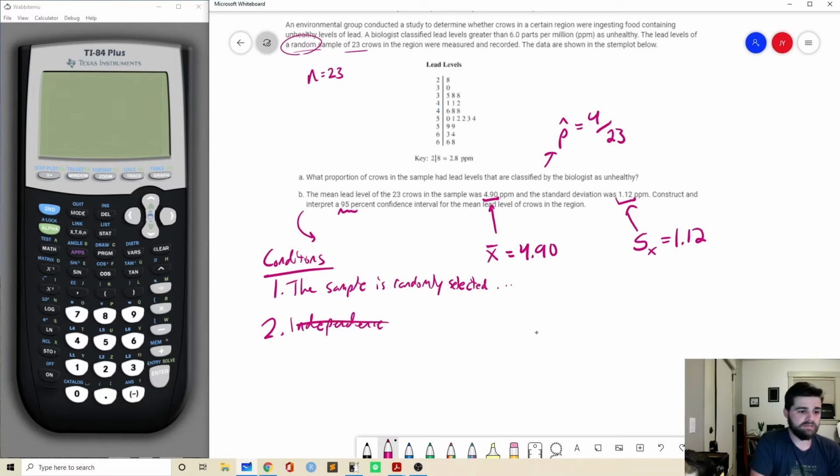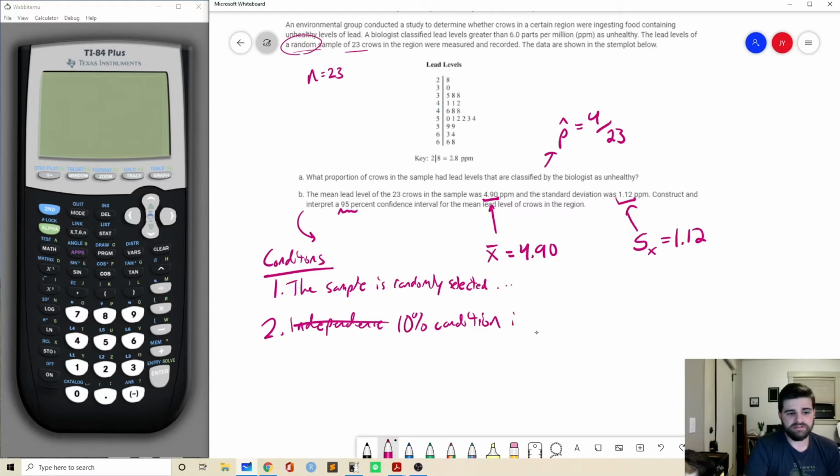So instead, we can meet the 10% condition. And again, this tells us that our sample is 10% or less of the total population. And this is sort of a placeholder for independence. As long as we don't have a huge part of the true population, the calculations are going to be close enough.